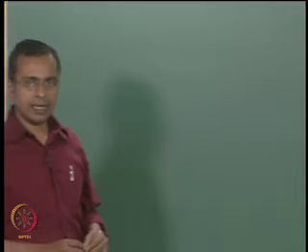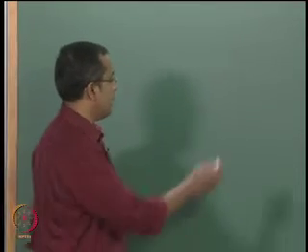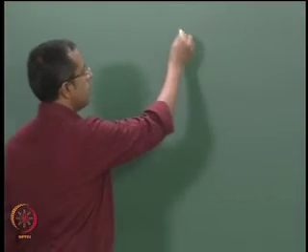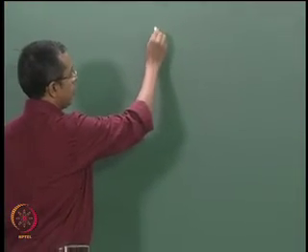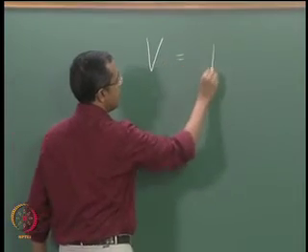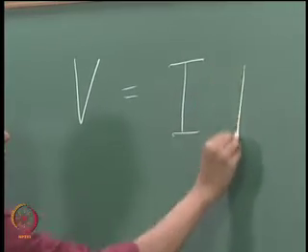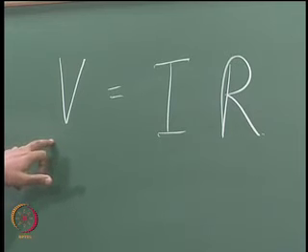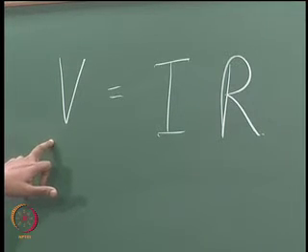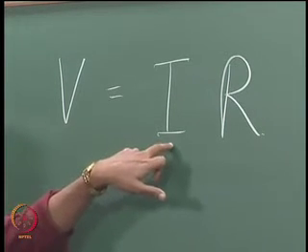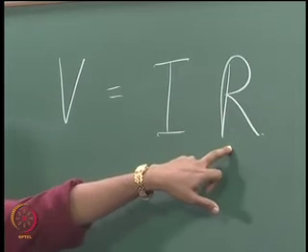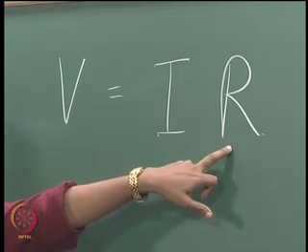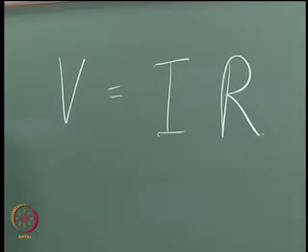Before we do that, let us just see what we mean by conductivity. We are aware of the standard Ohm's law, which is simply V equals IR, where V is the voltage or the potential drop across a particular region of the circuit, I is the current flowing through the circuit, and therefore R, which is the proportionality constant, is the resistance associated with that circuit.